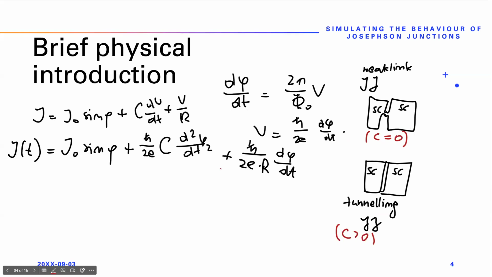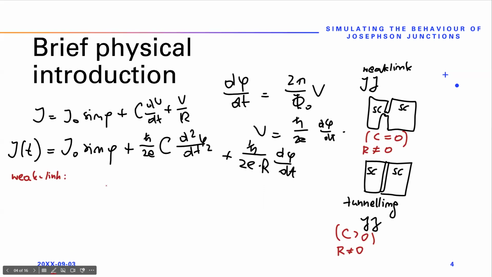Now you have two versions of the same equation that you have written. Please denote weak link as case 1 and tunneling Josephson junction as case 2.